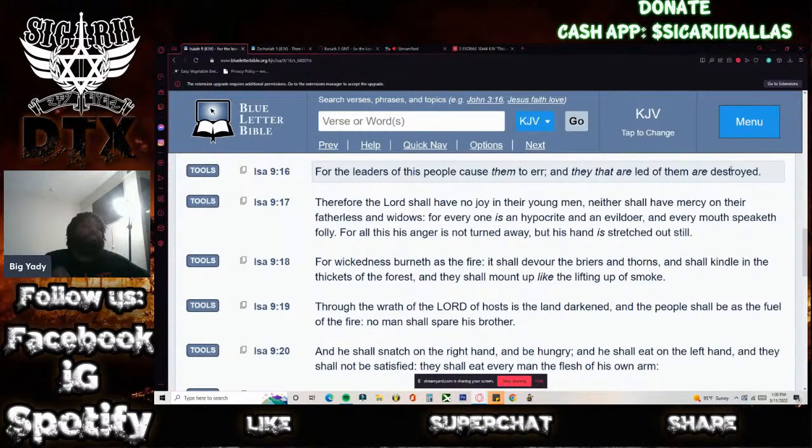The leaders of our people have been causing us to err by not walking after these commandments, like how they say, or trying to show a way of righteousness and walking contrary to it. So if we see our leaders doing that, what are we going to do? The same thing. And if they're going to be destroyed for their wicked actions, so will we if we follow after them. That's why it says, "For the leaders of my people cause them to err, and they that are led of them are destroyed."